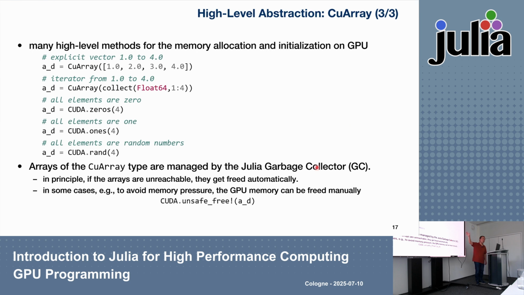For GPU, you only have 40 gigabytes for your calculation. If your calculation really needs lots of memory, then maybe you want to avoid the memory pressure and release the not really used memory manually. In this case, you can use CUDA unsafe_free to free the memory so that you have enough memory on GPU.